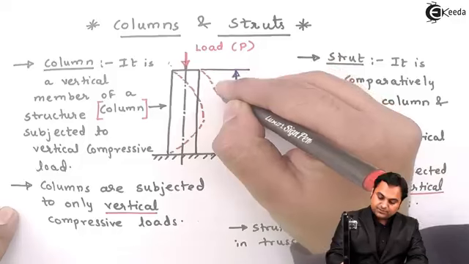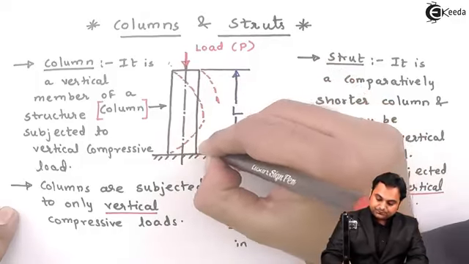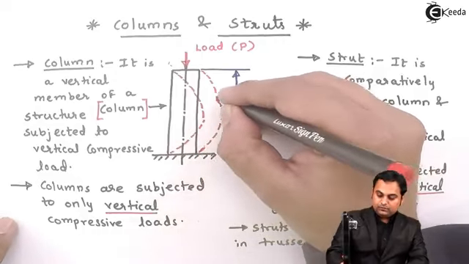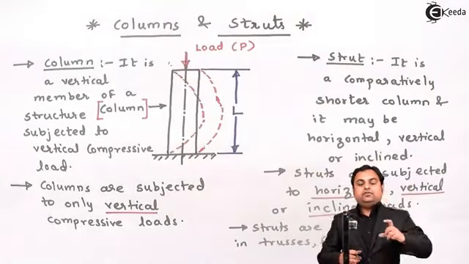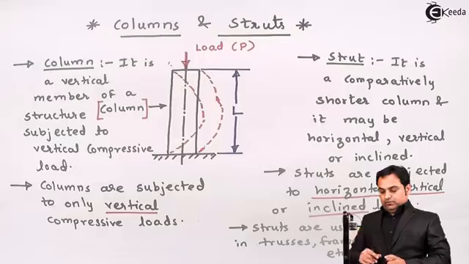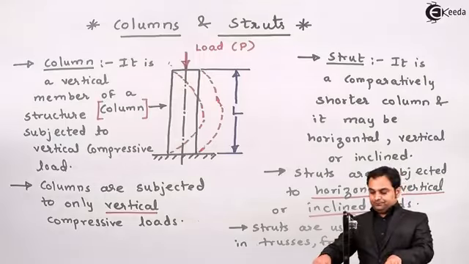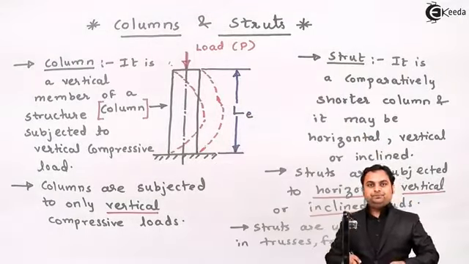Suppose it is bending in this direction. Then the entire length of the column is bending. So the length of the column which is actually bending is called the effective length of the column.